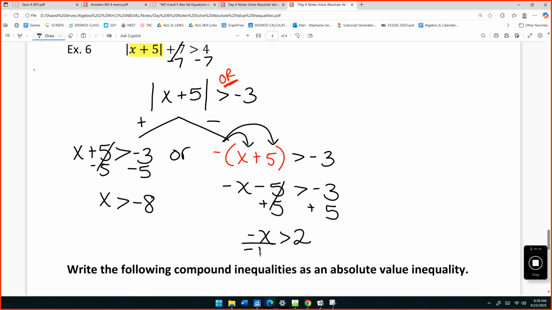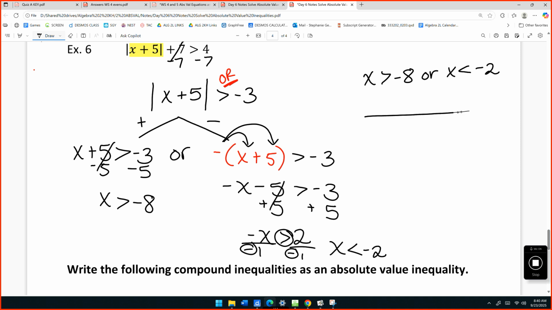Divide by negative 1. Oh look, there's my sign flip. Dividing by a negative, so x is not greater, but less than negative 2. Okay, so now I have to state the compound inequality, which is x is greater than negative 8, or x is less than negative 2.